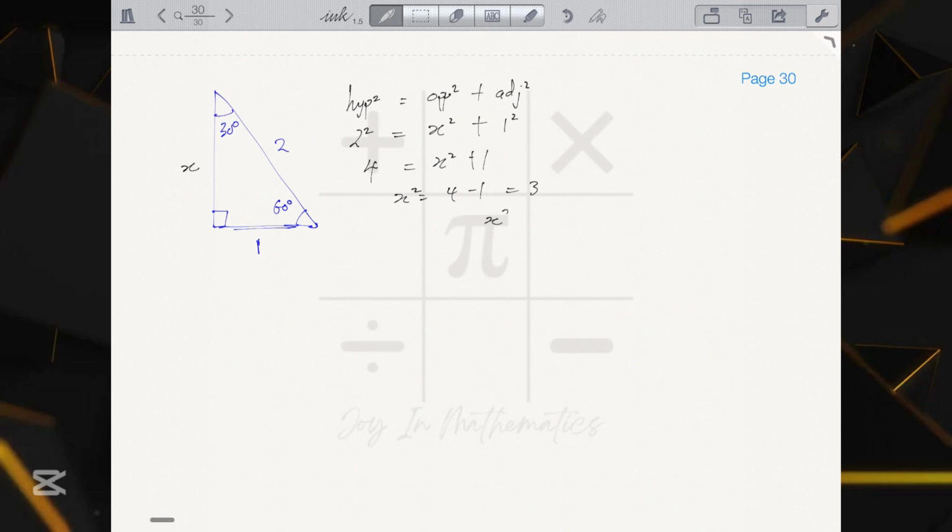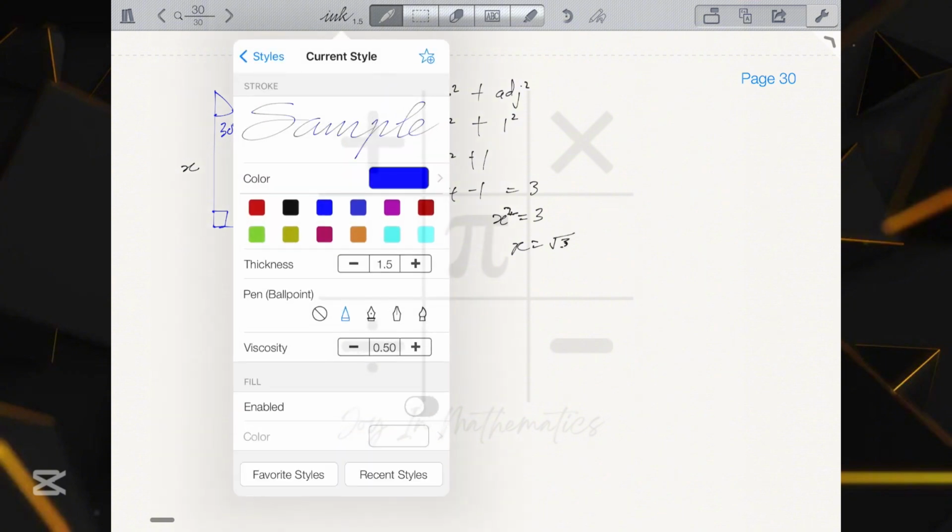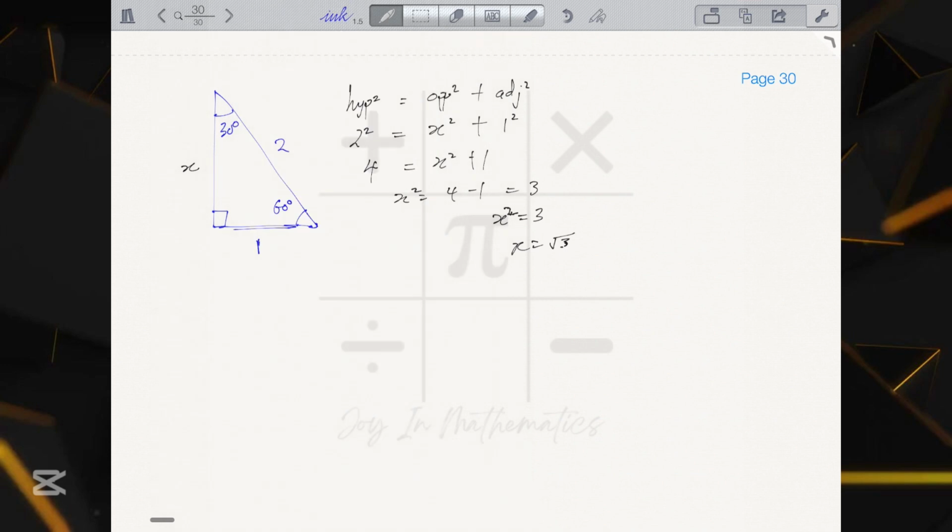Therefore, x squared is equal to 3, and x will be the root of 3. Now we have an expression for x, which is root 3.